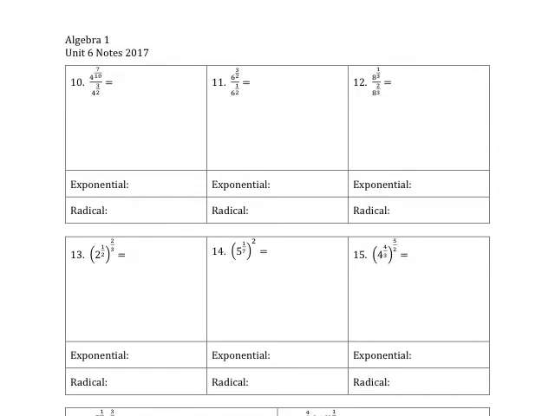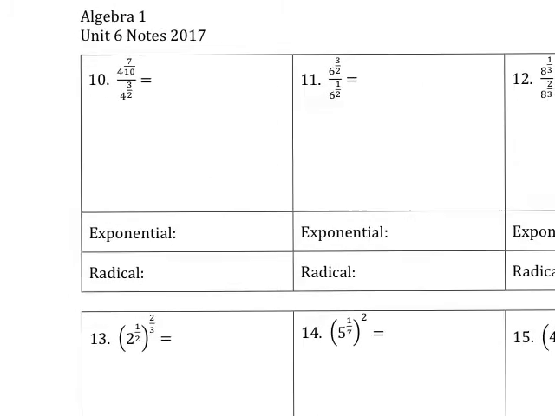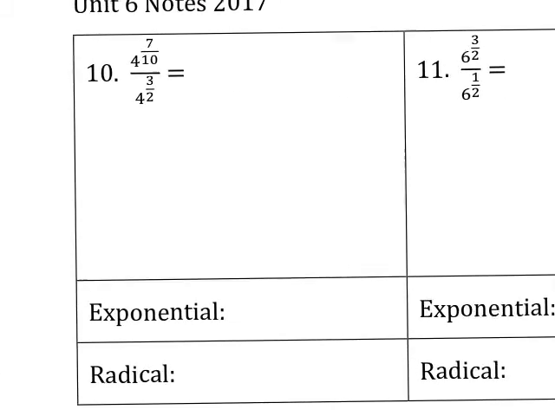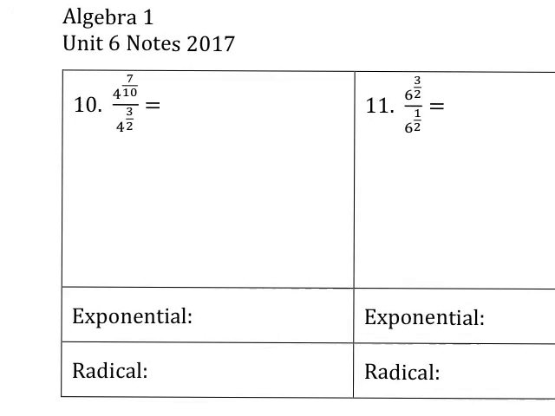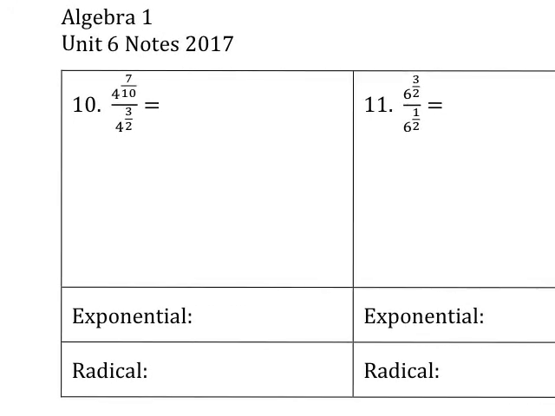Okay, let's move to division. So what do we do with our exponents for division? We subtract. Okay, so again, we're going to do our exponent side work. And we're going to subtract our exponents this time. So remember, we always do top minus bottom.